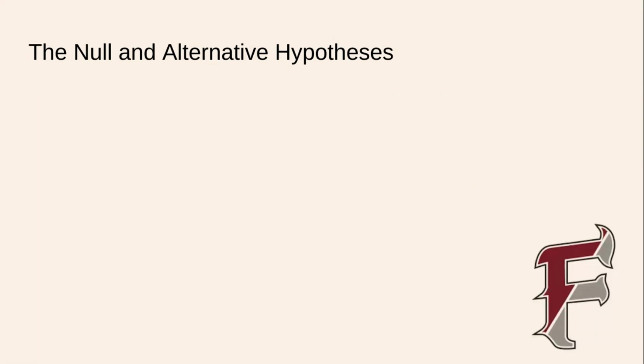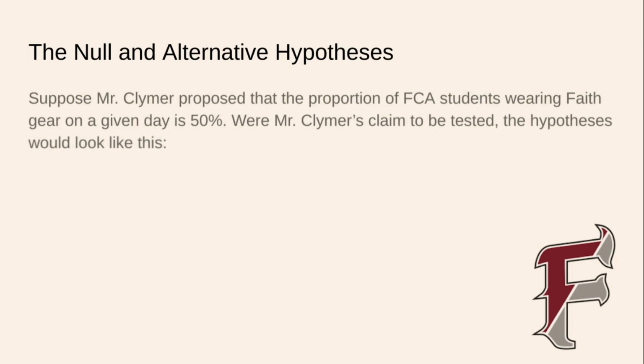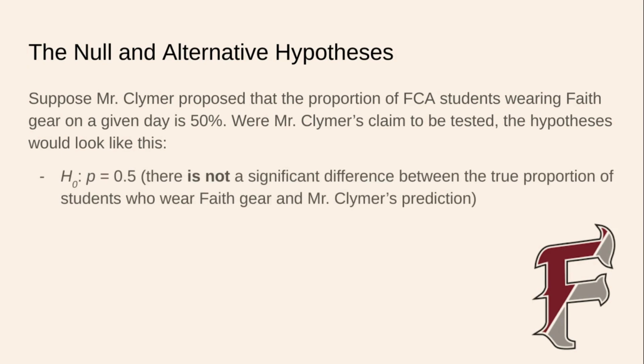Let's look at an example. Suppose our headmaster, Mr. Clymer, proposed that the proportion of FCA students wearing faith gear on a given day is an even 50%. Were Mr. Clymer's claim to be tested, the hypotheses would look like this. Null hypothesis: proportion equals 0.5. And notice this is not a sample proportion. This is a population proportion.